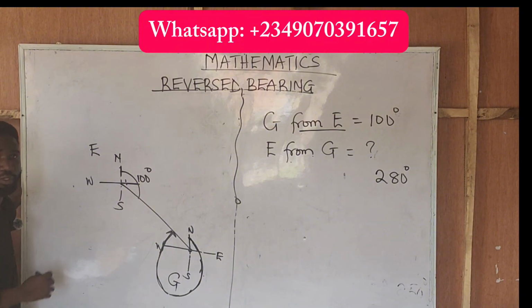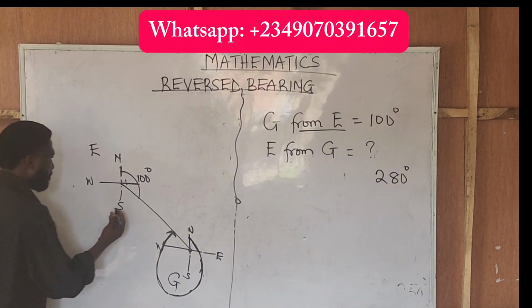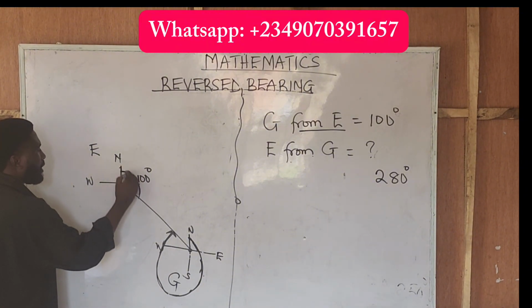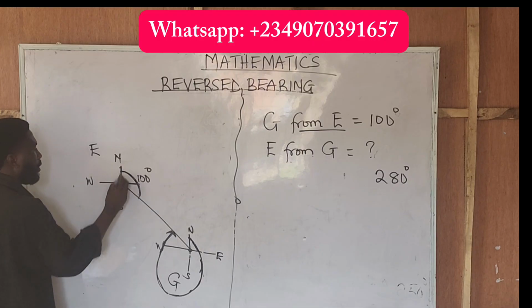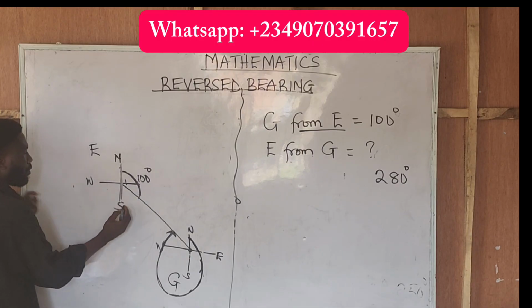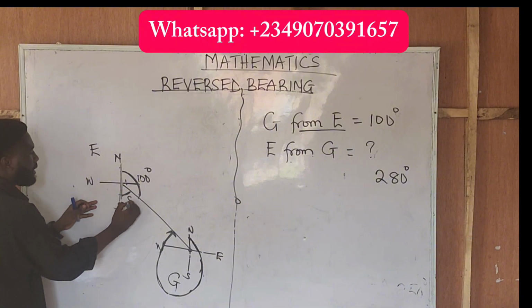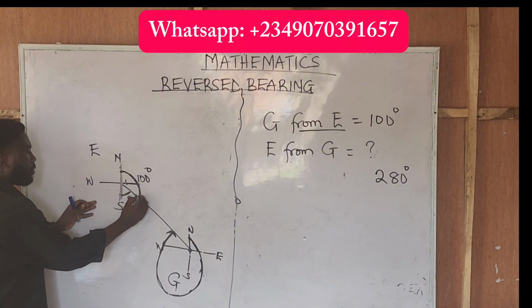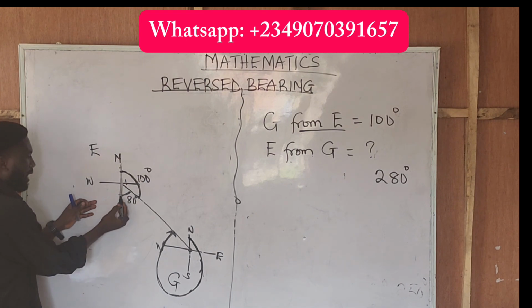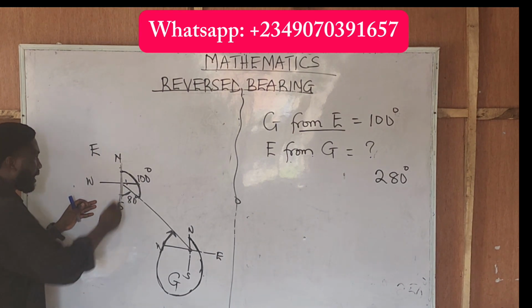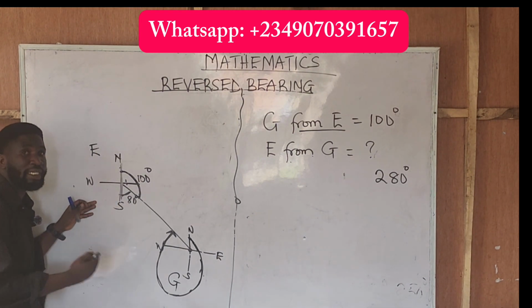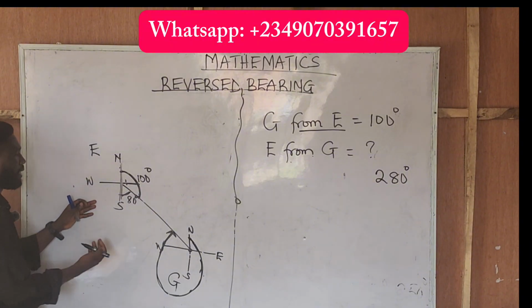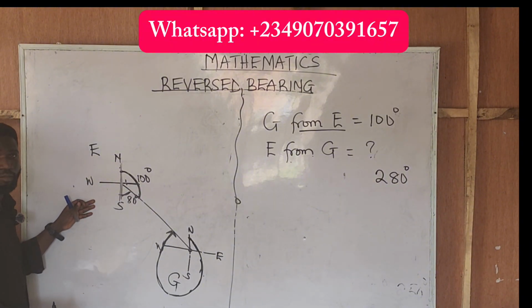So how do we get this done? Like I said, if from here to here is 100 degrees, and we know that angle on a straight line is 180 degrees, the remaining angle here is going to give us 80 degrees. Do you understand? So now from here I can actually get the alternate angle.